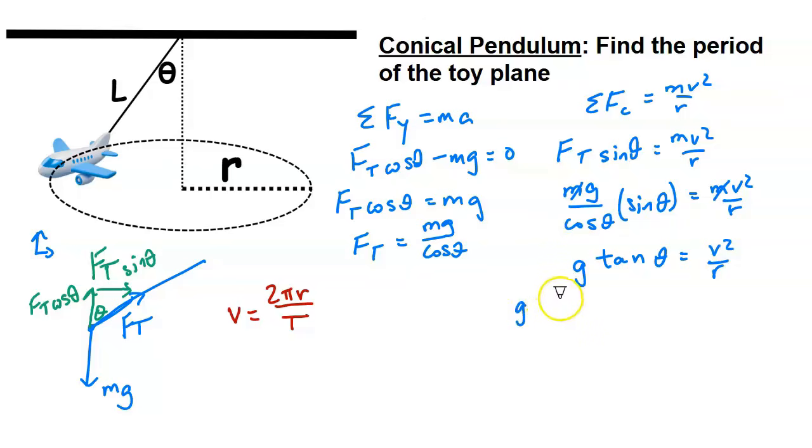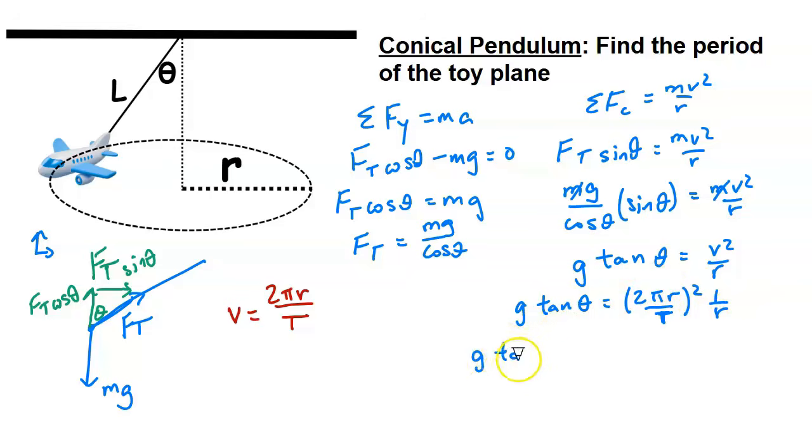So we have g tan theta equals 2 pi r over T, and that whole thing is going to be squared. And we also still have a 1 over r here. Okay. So now we're going to square all of that.